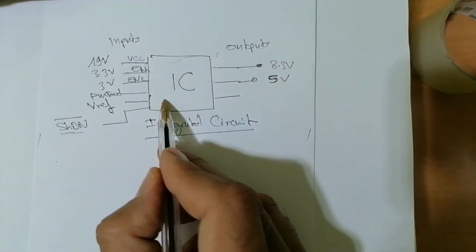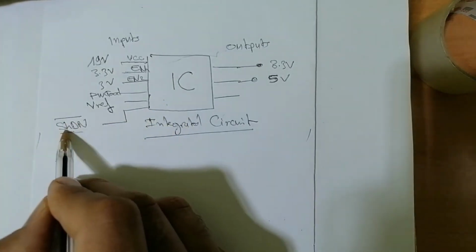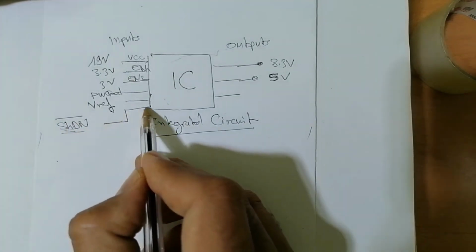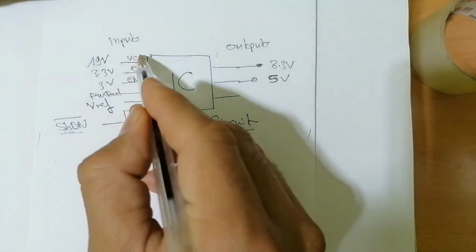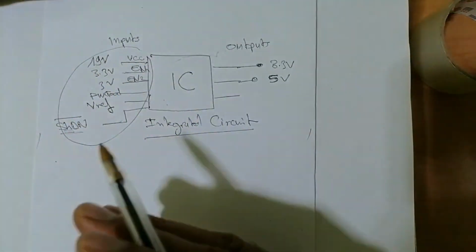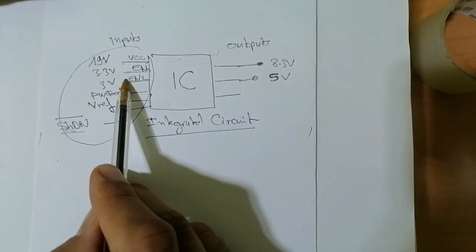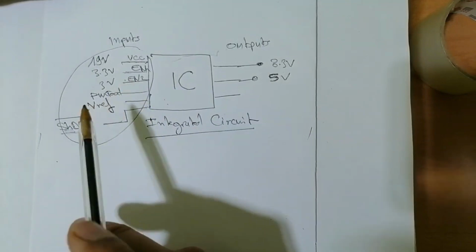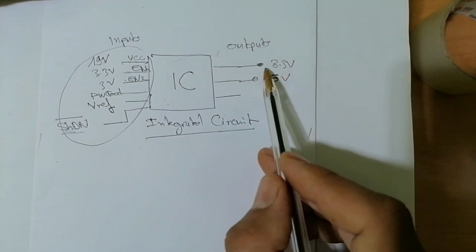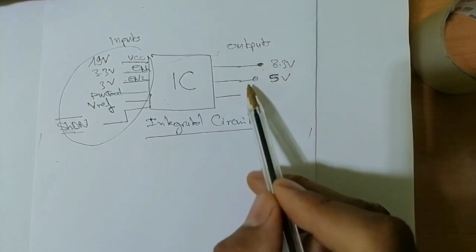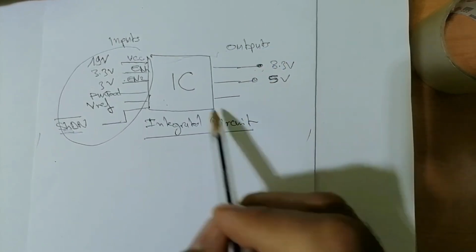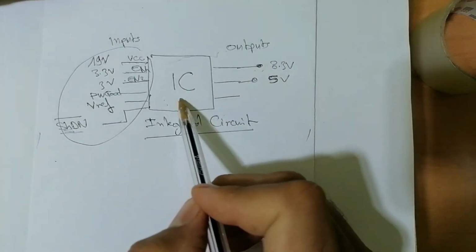When the IC becomes very hot, this signal will be activated and the IC will stop working. All these signals and other signals are inputs. So if you use your multimeter and check here and you don't find 3.3 volt or 5 volt, it does not mean the IC is bad.